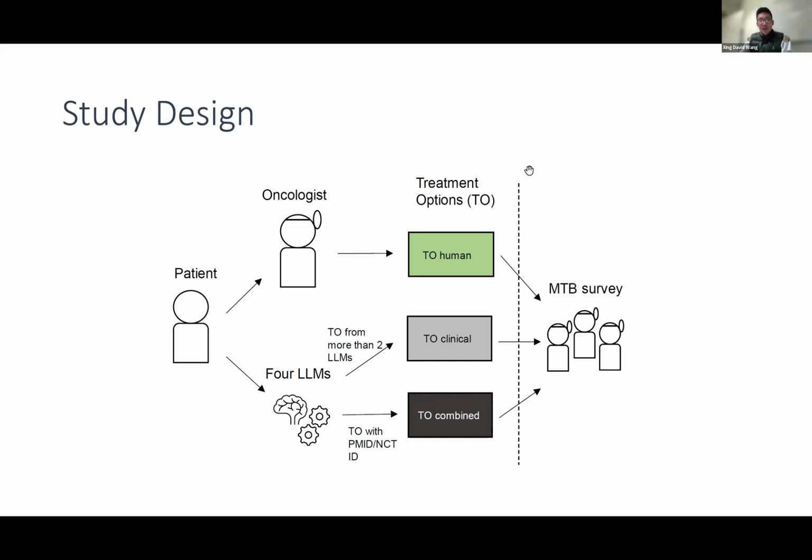And now the interesting part is that we blinded all the results and then gave all the suggestions to our molecular tumor board at the Charité and asked the clinicians to evaluate, okay, how do you like each option actually? Do you think that the treatment suggestion is likely coming from the large language model, or is it more human generated? So they really didn't know what it was.